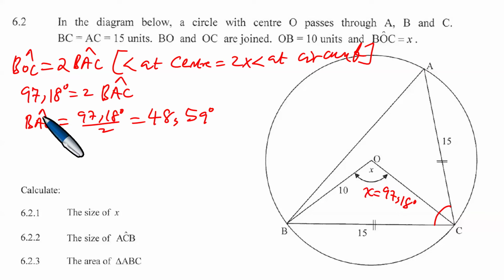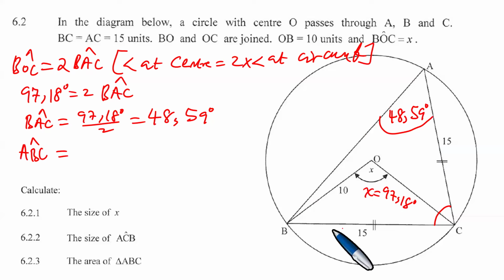48.59 degrees. So we're able to see that this is BAC and it is 48.59 degrees. Then we have ABC.